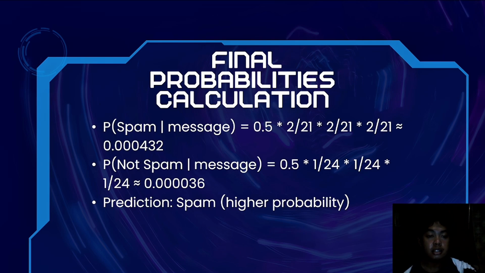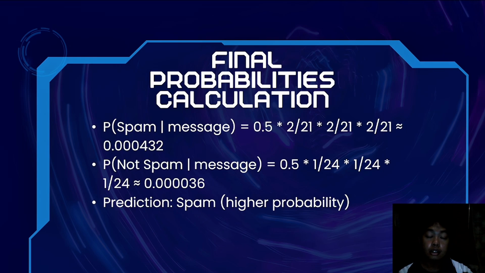So the final probability calculation is, let's read the formula. P(spam) equals P(buy|spam) times P(now|spam) times P(offer|spam).